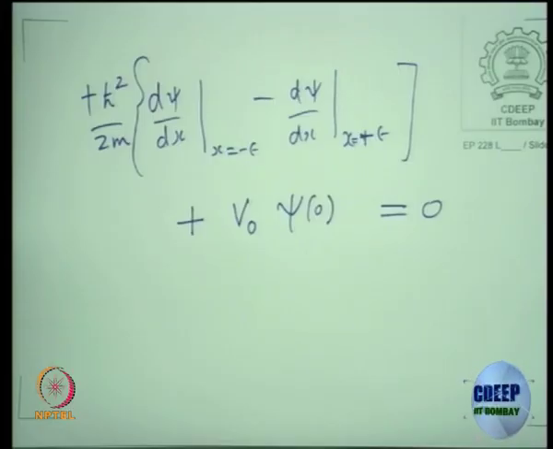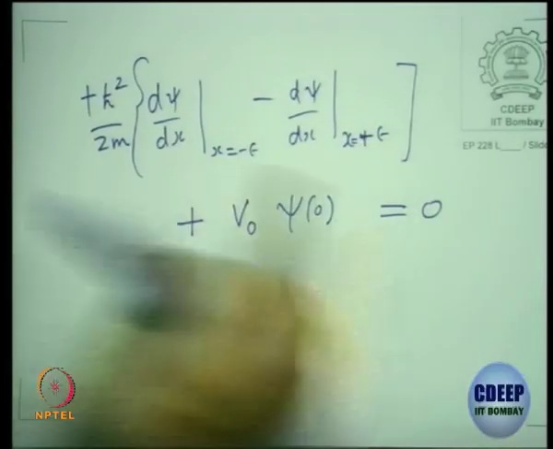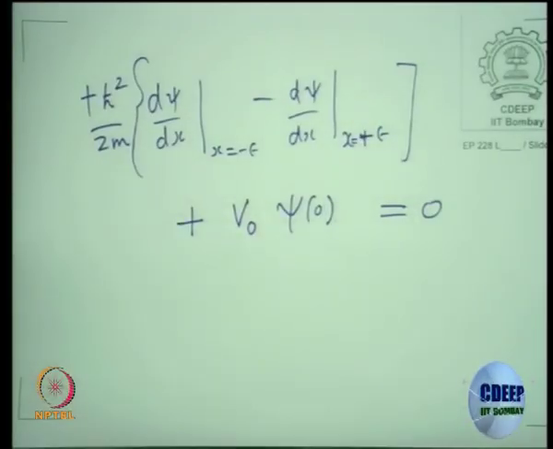So what have we achieved? In the context of particle in a box, we cannot find the amount of discontinuity, right? We did not even worry about it. Here, even though it's an infinite Dirac delta function potential, I can tell what the discontinuity should be in going from the x minus region to the x plus region.